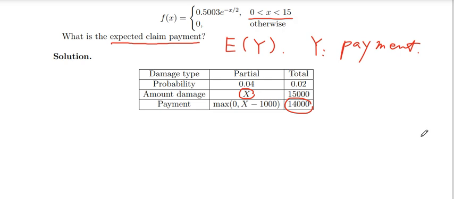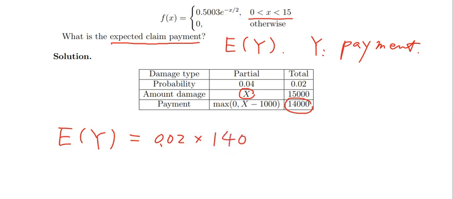So we also check two cases: total damage with probability 0.002, and the payment thus. And partial damage with probability 0.004, where the payment is x minus 1,000.